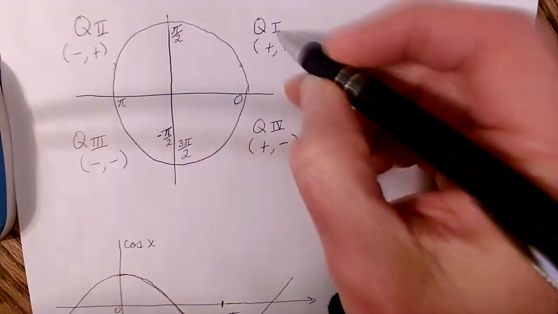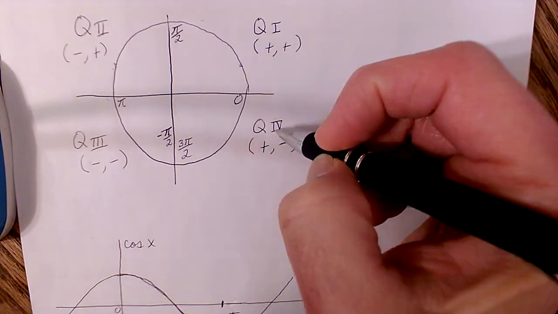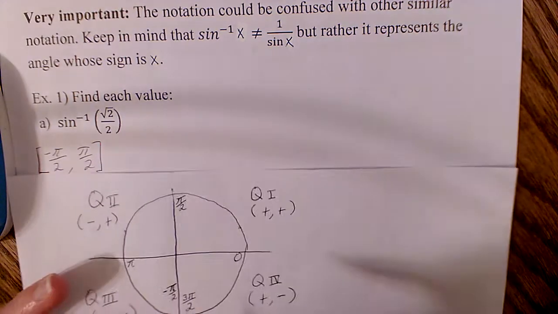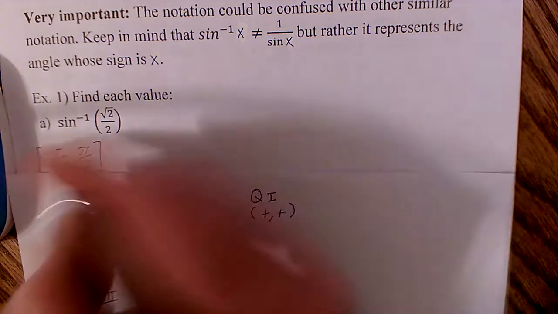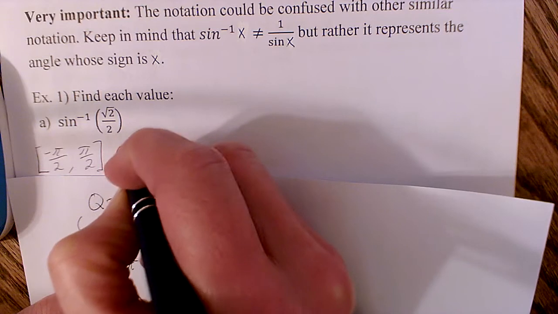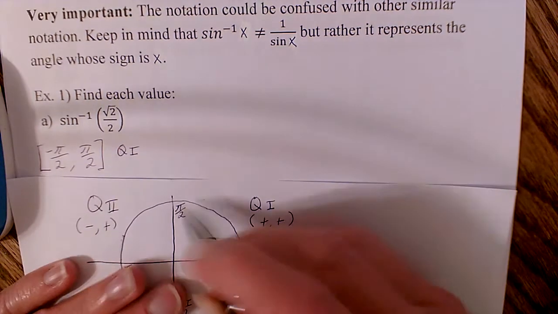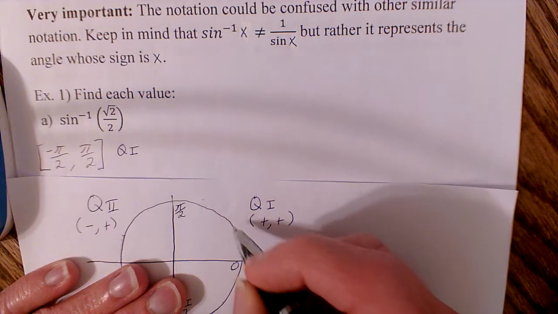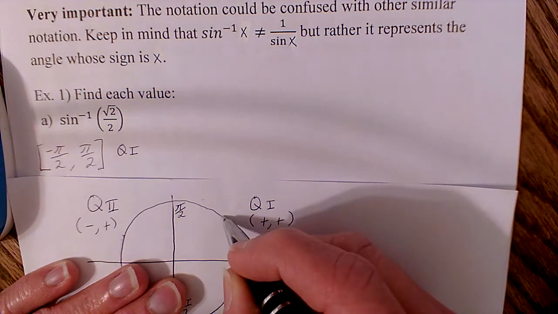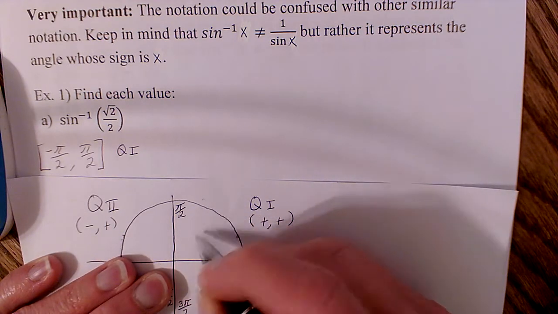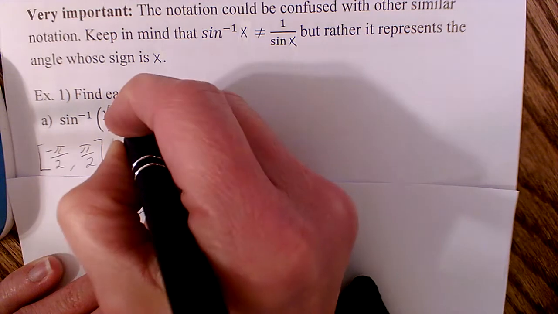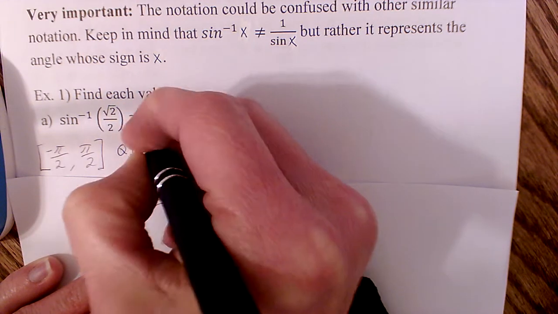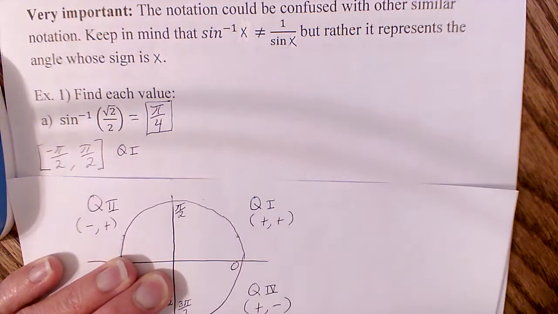From here to here, that's going to be quadrant 1 or quadrant 4. If it's giving me a positive sine, and sine is my y value, that means I must be up here in quadrant 1. Where my y value is square root of 2 over 2 is going to be at pi over 4. So that's going to equal pi over 4, or 45 degrees, both one and the same.